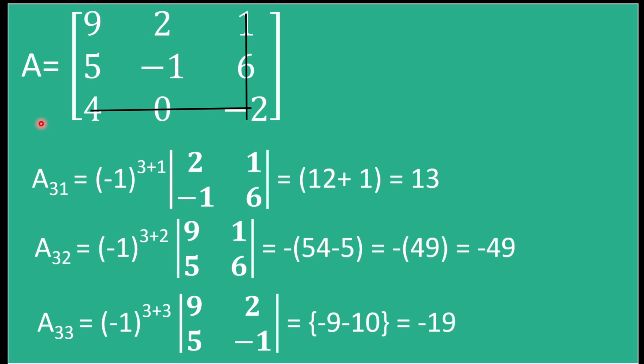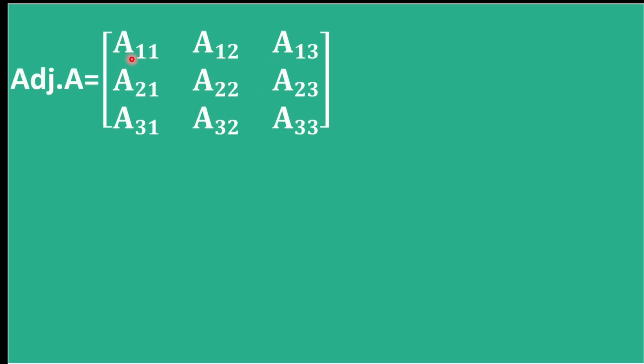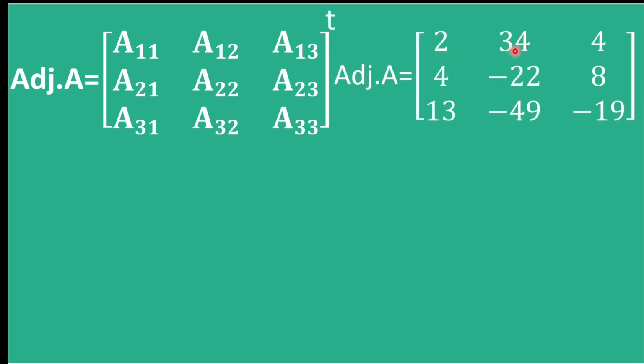So we will put these cofactors in the matrix, these values which we have determined earlier. But to find the adjoint, we will put all these values over here, and then we will take the transpose of this matrix.